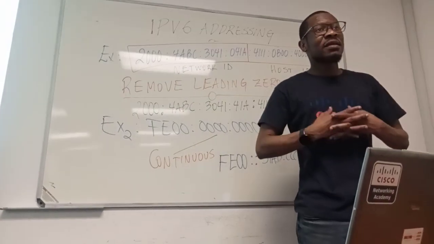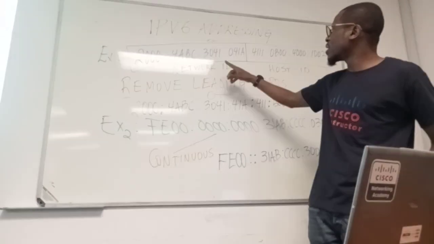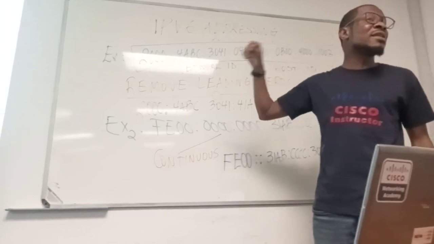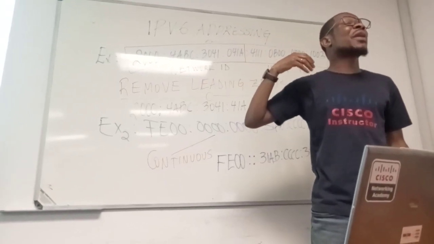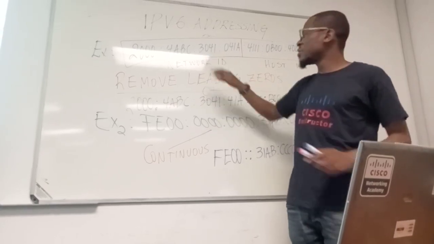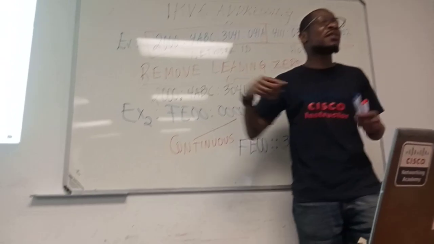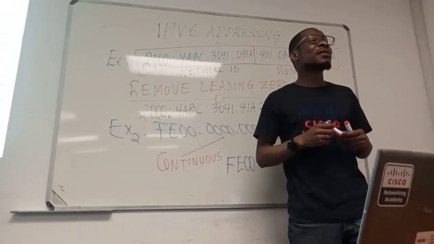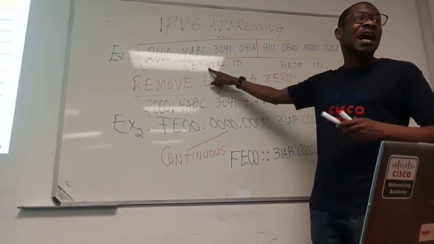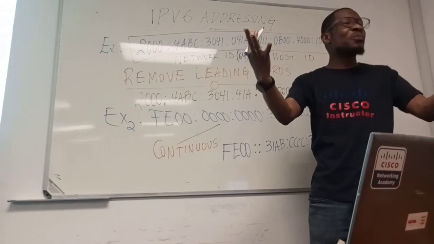Please make sure of what we are talking about: this network ID, we can also call it prefix ID. Prefix ID is this one, but you can write it as this one /64. 64 is what? The subnet mask. So your network ID will get 64 bits.